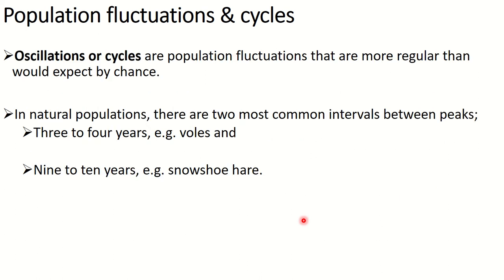So that's why we have these life cycle issues that we call oscillations or cycles of populations, where fluctuations are more regular than one would expect by chance. So if there's a natural occurrence in the environment of the impala population increasing, and then the predator population follows the increase, and then the predator population gets too high, and the impala population starts to decrease.